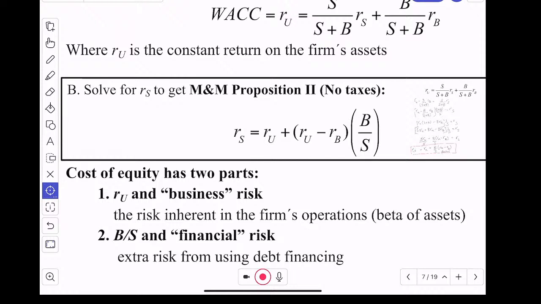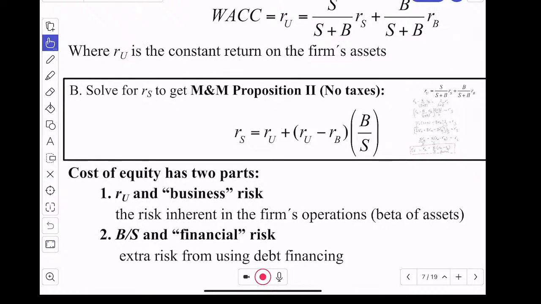And this part, which is the financial risk, the risk of taking on debt, okay? So as I explained, as this goes up, the required rate to investors that are shareholders in the levered firm will also increase.